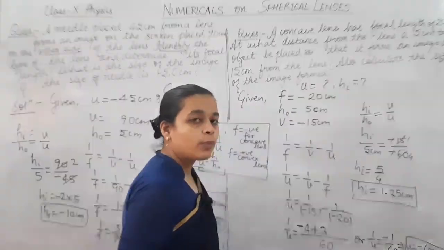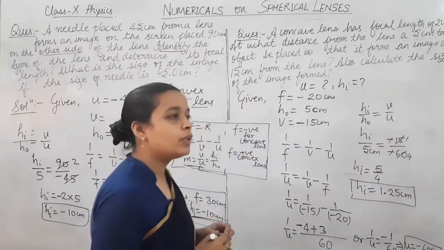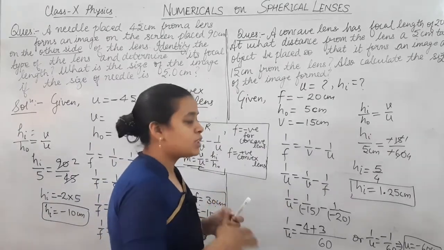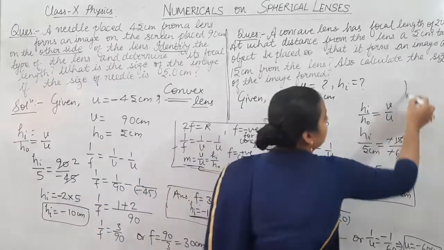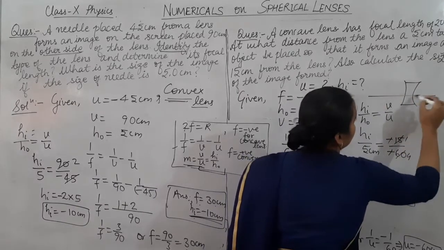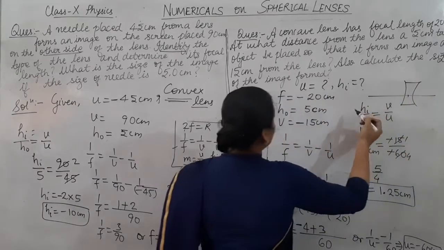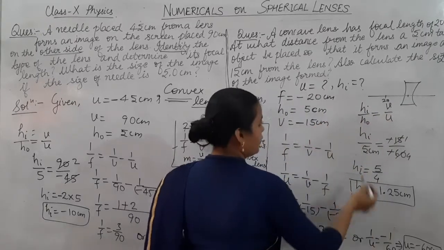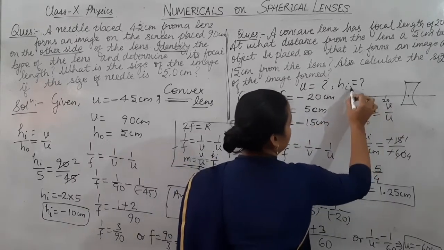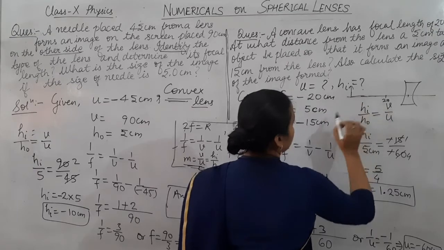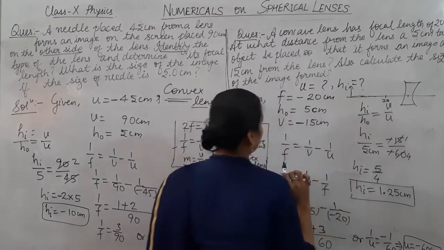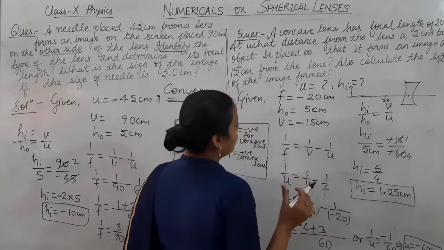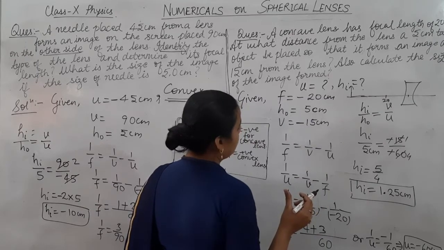It has come positive, means the image will be in the upward direction, upside of the principal axis, like this. If we need to draw this diagram, its focus is given here as 20, the object we found at 60, suppose here it is 60. What type of ray diagram will be formed? I am just drawing one.